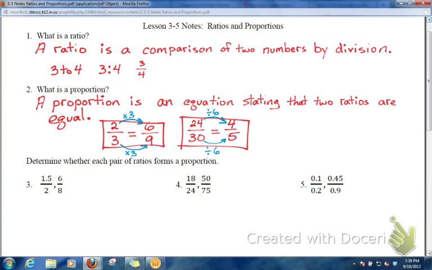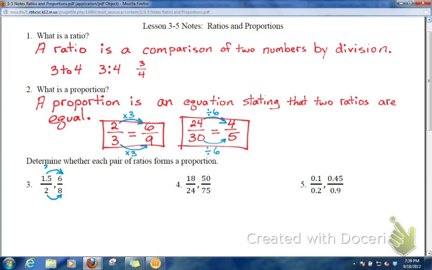Alright, what you'll see down here next in examples 3, 4, and 5, they want to have you determine whether each pair of ratios forms a proportion. So for number 3 here, they're asking, does 1.5 over 2 equal 6 over 8?